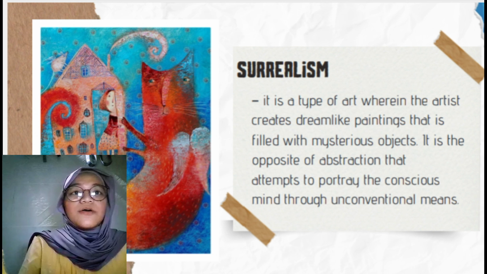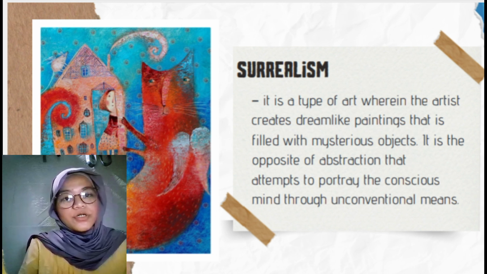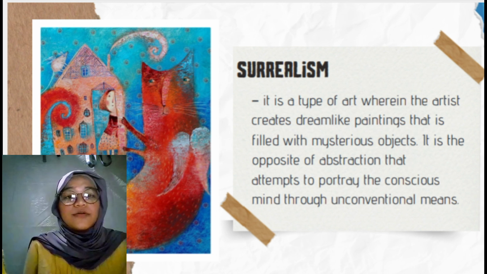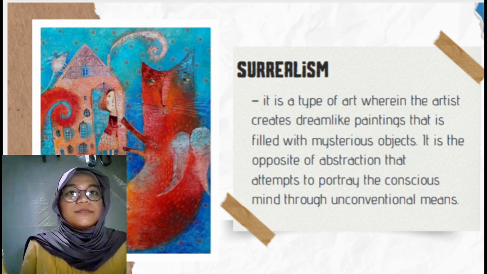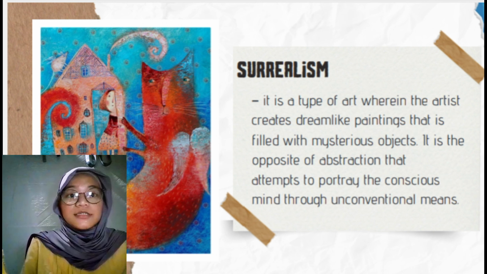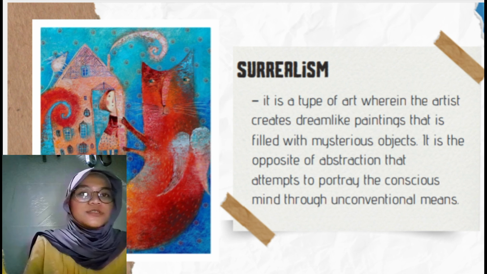The paintings often look like a fantasy or a dream. One of the goals of surrealists is to go beyond logic and reality, using art to explore the inner mind and emotions.